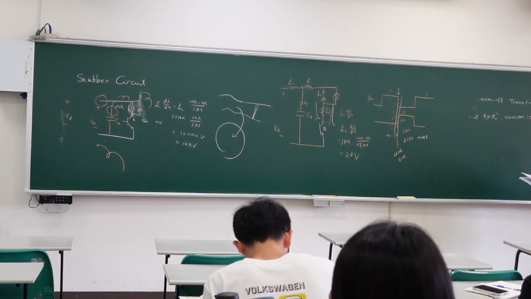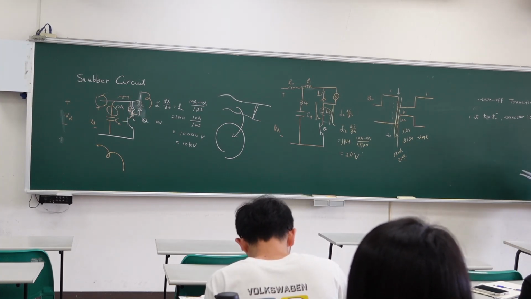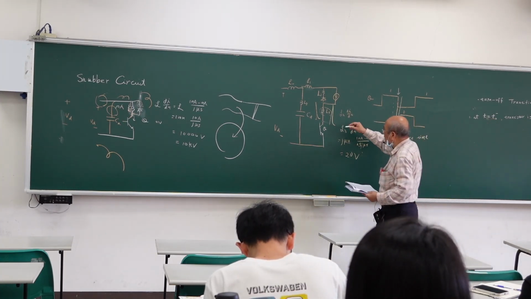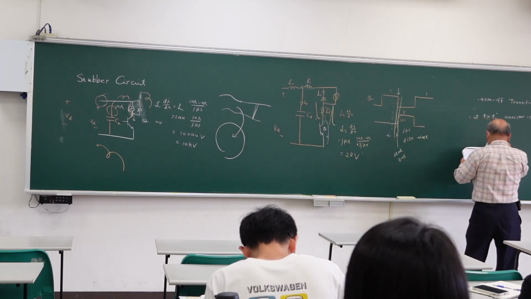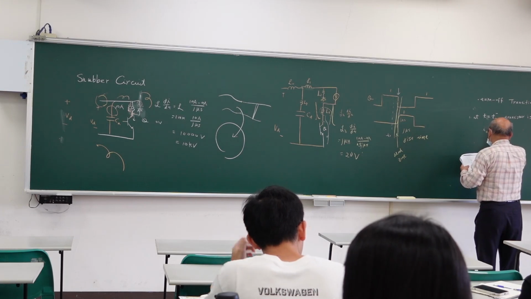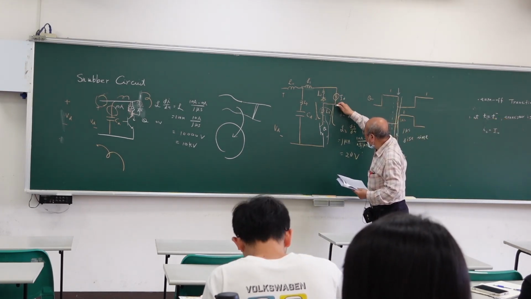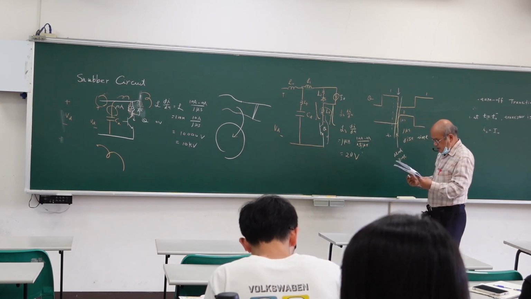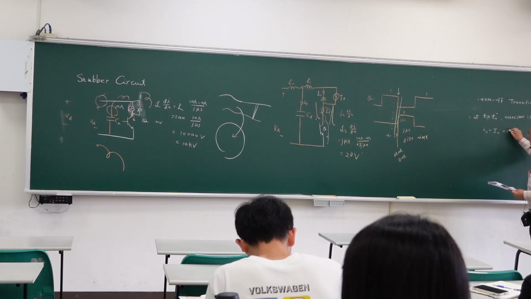Before T0, the transistor is conducting. Then we have current going to the transistor. So we can say IC is equal to I0. So this is I0. So we go this way. So transistor current is equal to output current. It could be 10 ampere.